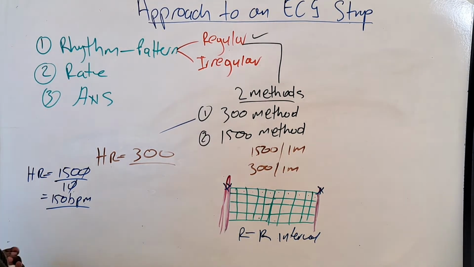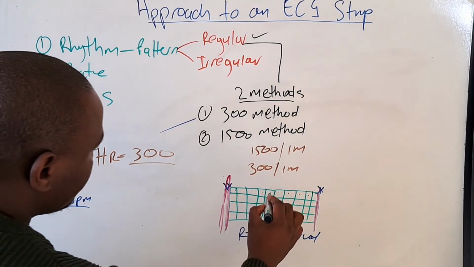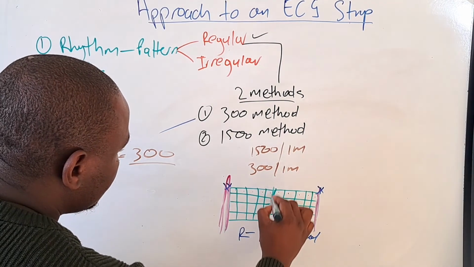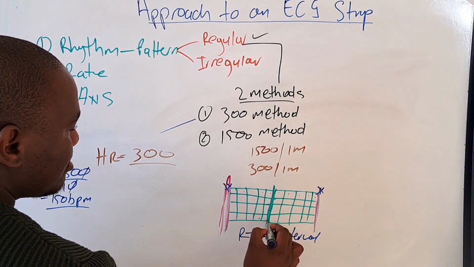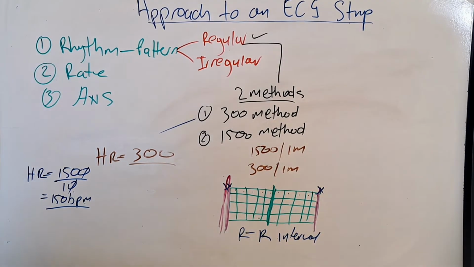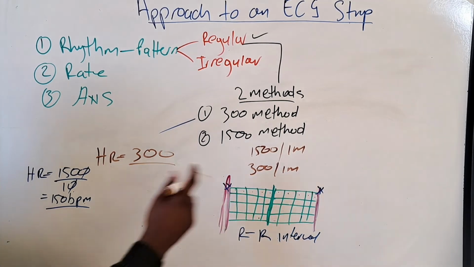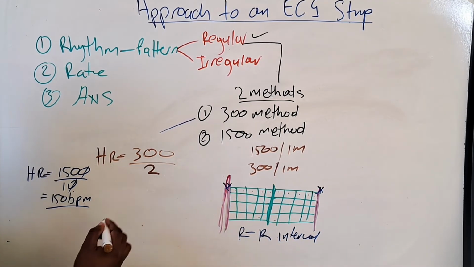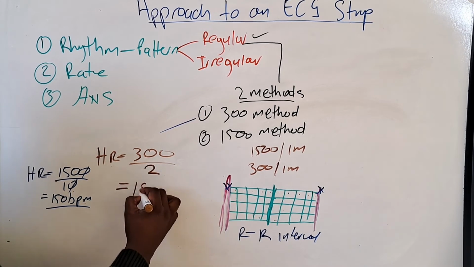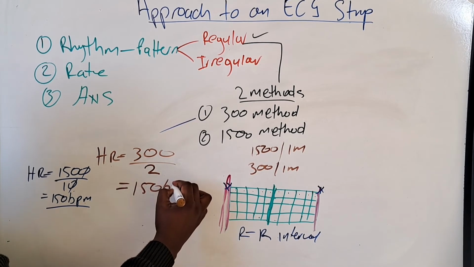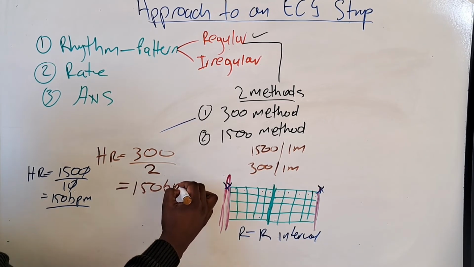In case you guys cannot see it nicely, we've got 2 big boxes here. This is where the first box ends, and this is where the second box begins. So you just count them: 1, 2. There are only 2 in this case. So divide 300 by 2, and that is 150 beats per minute.